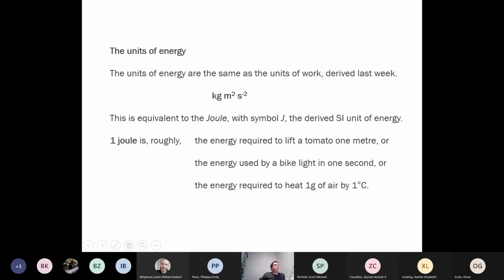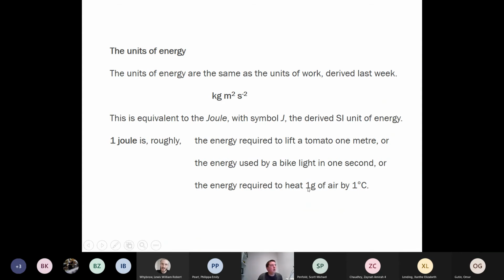So we've already talked about joules being kilograms square meters per second squared. Sometimes it's useful to have in mind, is that a big number? And 1 joule isn't really a big number. The energy required to lift a tomato 1 meter, or the energy being used by a bike light in 1 second, or the energy required to heat 1 gram of air by 1 degree.